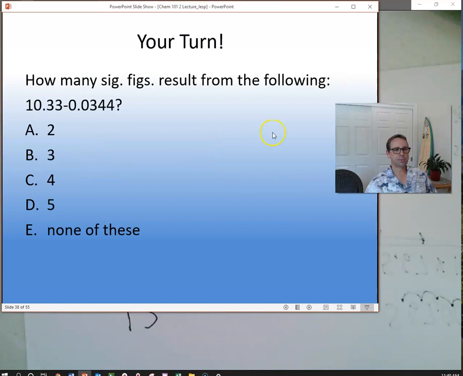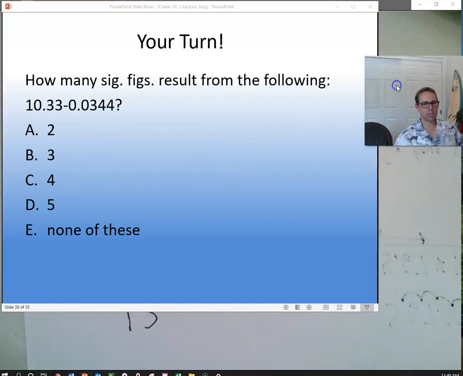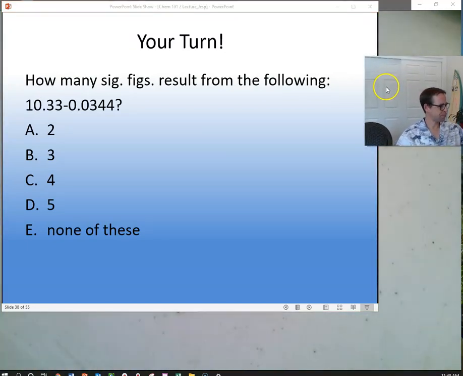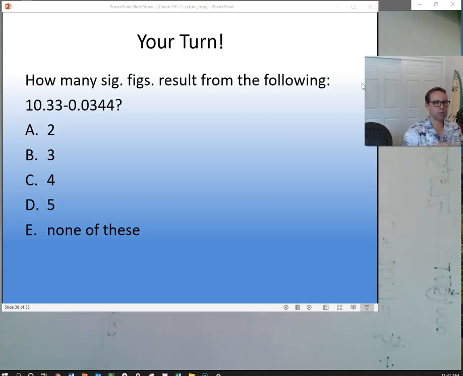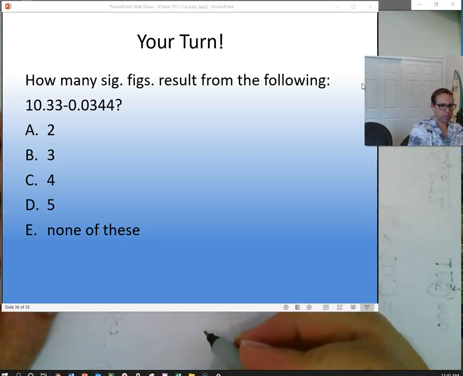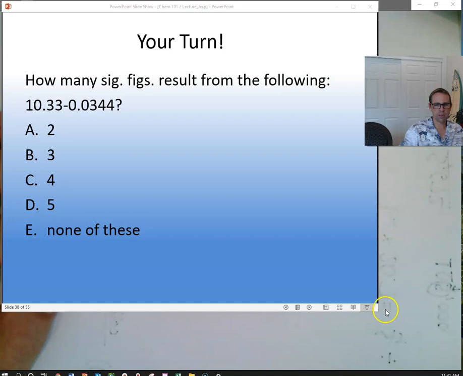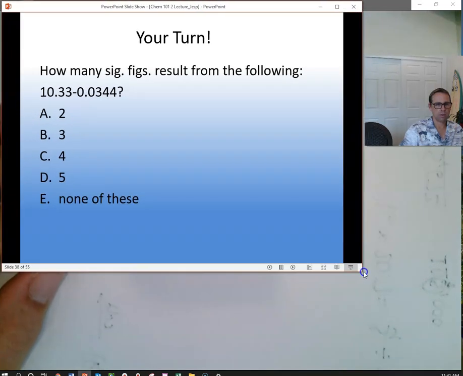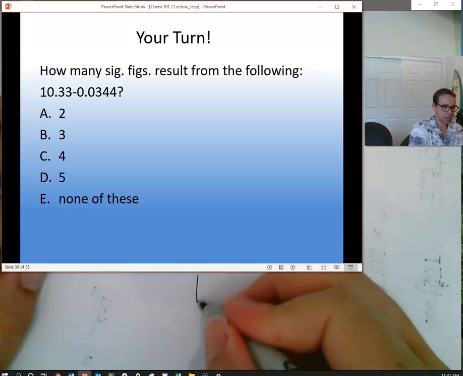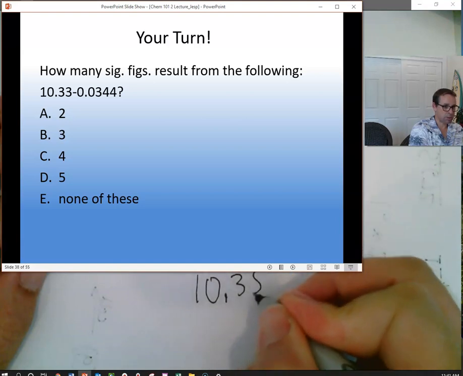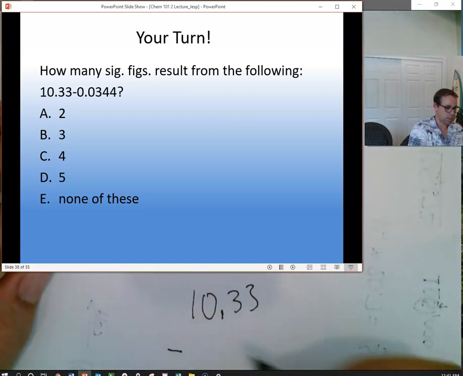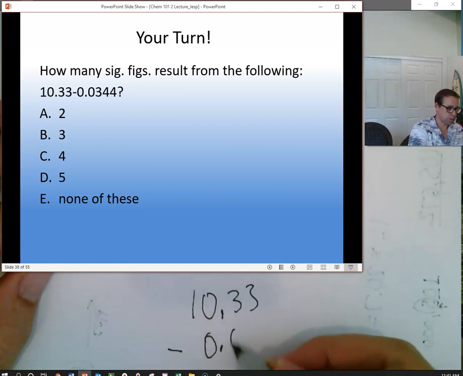Okay? So here's a problem. Let's do this problem together. I have 10.33, and I'm subtracting 0.0344. Now, do you have a calculator for us? Can you do that in your calculator for us? 10.33 minus 0.0344.